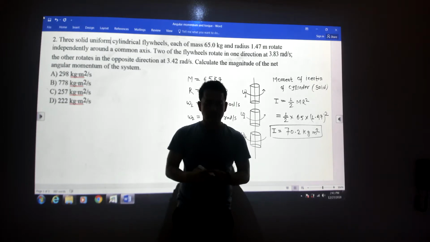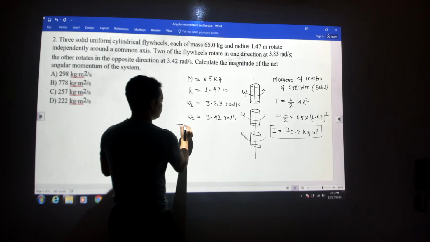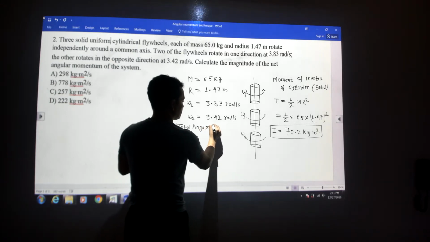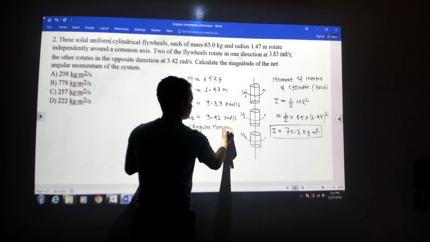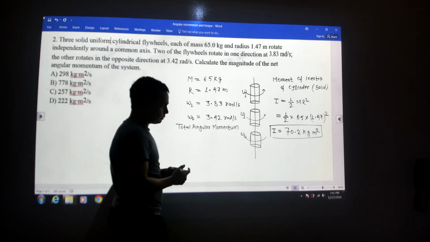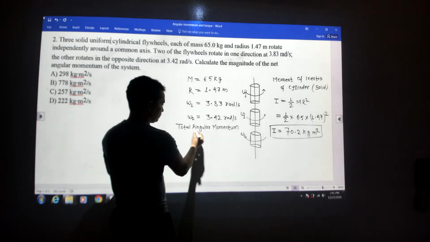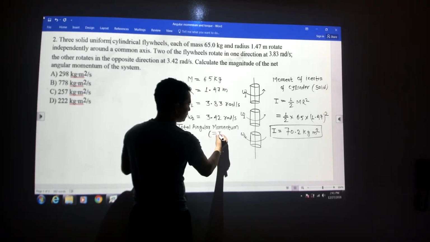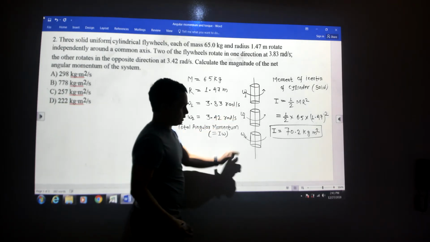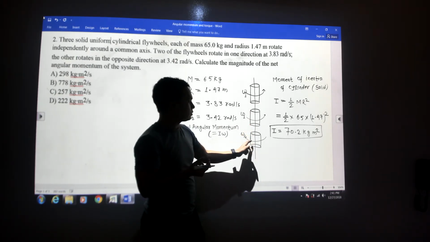Now we need to find out the total angular momentum. The total angular momentum is equal to I times omega. Just keep this in mind. So we have three cylinders, and two are rotating in one direction, and one is rotating in the opposite direction.